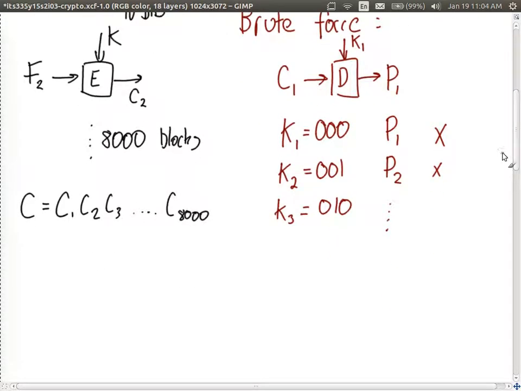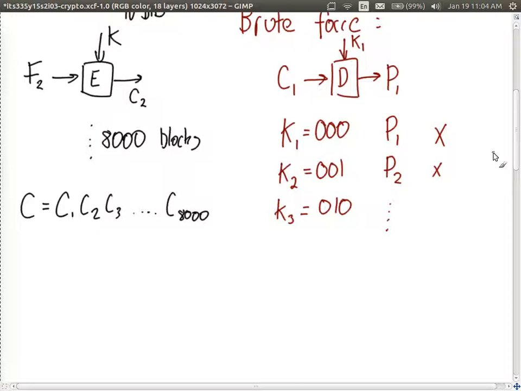What's the worst case in this example in terms of the number of keys that the attacker needs to try? Until they find the correct plaintext, what's the worst case number of attempts of decrypting they need to try? Tell me the answer. Not 2 to the power of something, but what's the answer?